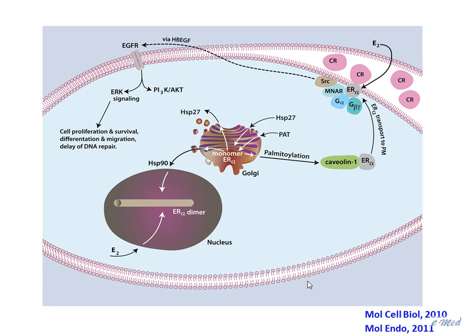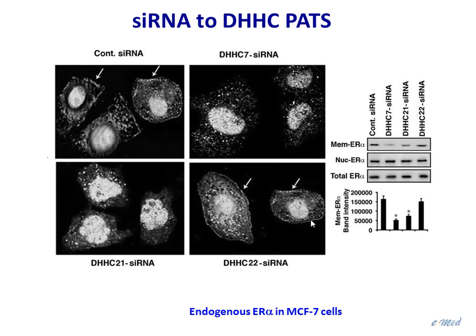So what is the nature then of the palmitoyl transferases? We've recently published work where we've isolated the PATs that actually put the palmitic acid on the steroid receptors. They turn out to be two: DHHC7 and DHHC21. There are 23 members of the family in mammals of these palmitoyl transferases, but there are hundreds of proteins that must get palmitoylated to drive those proteins to the membrane.